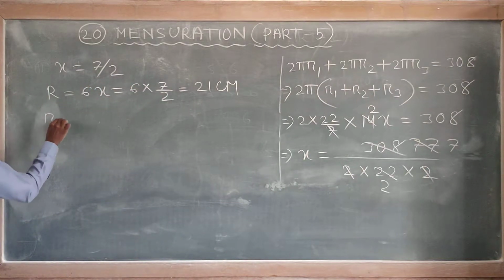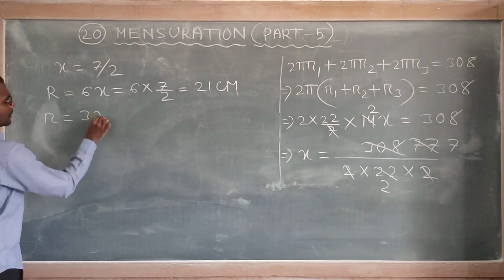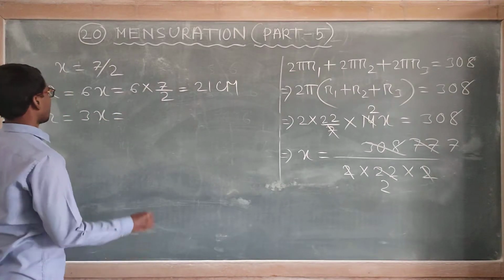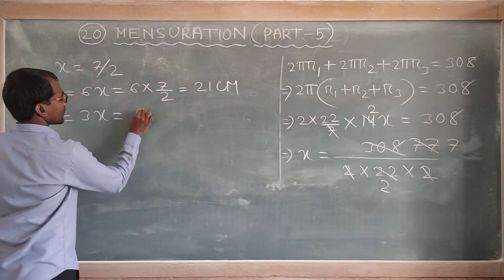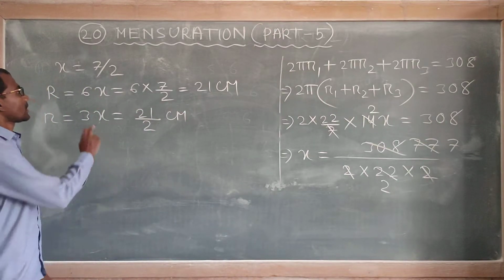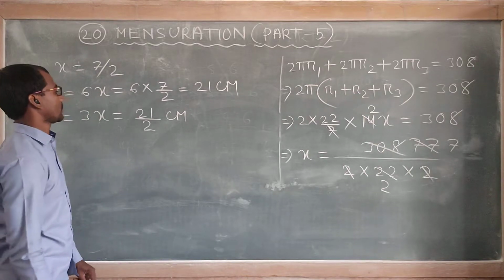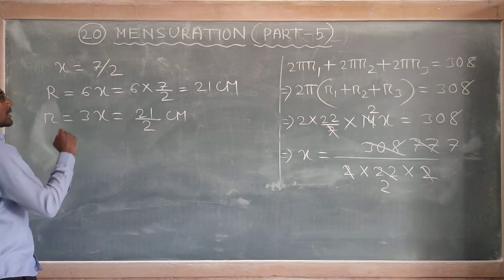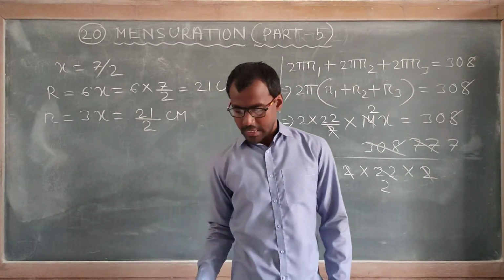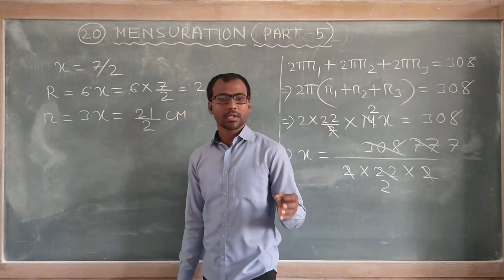The smallest circle has radius 3x. So 3 into 7 by 2 is 21 by 2 cm. Okay, so these are the radii of the biggest and the smallest circle. We have to find the difference between their area.